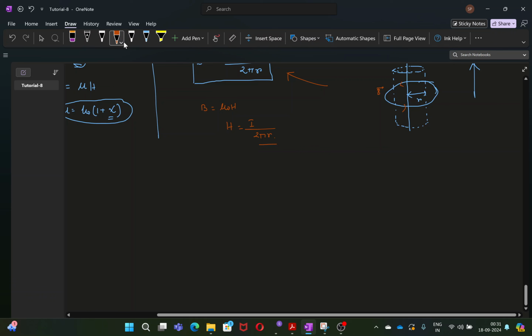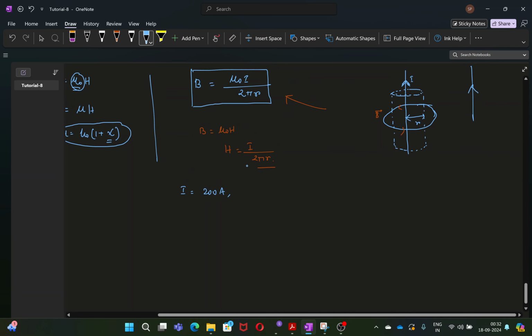Now in this case, it is asked in the question that I equals 200 ampere, and the mu naught value is known. This is a standard value, 4 pi into 10 to the power of minus 7. I think it is an SI unit, ampere meter, but you have to check that.